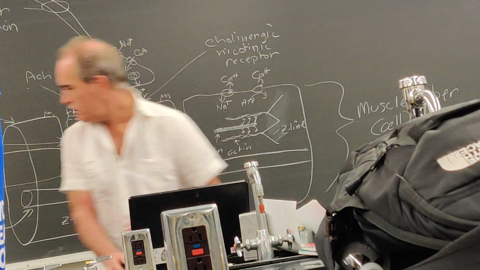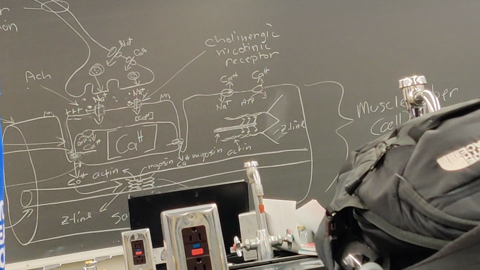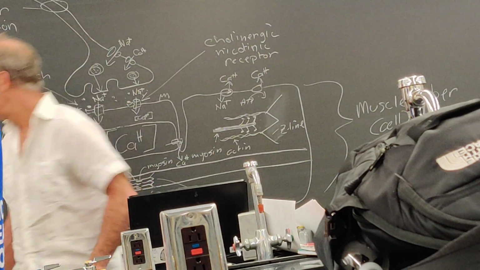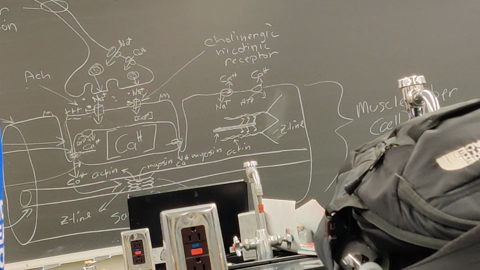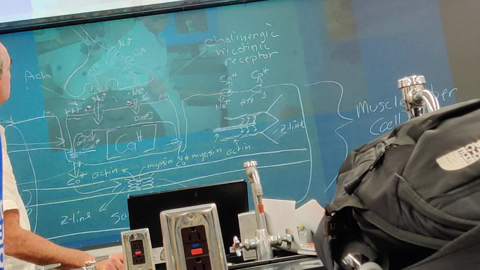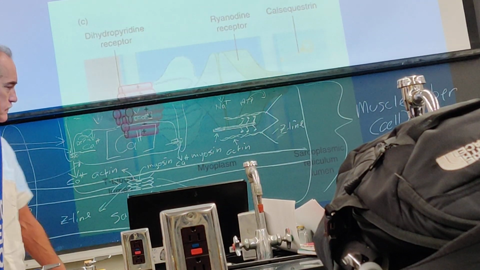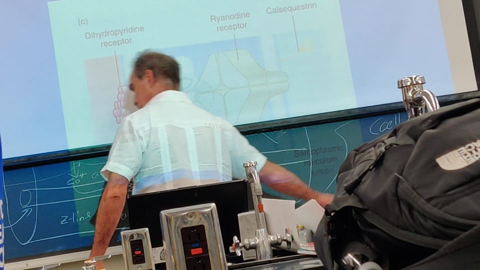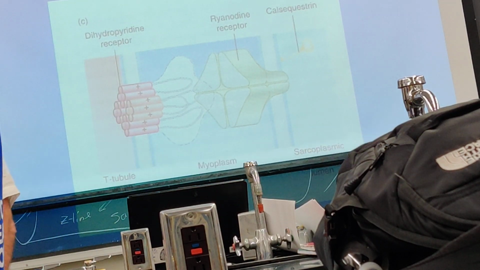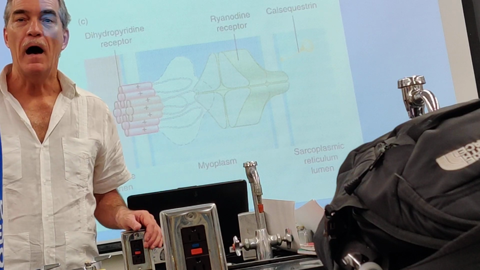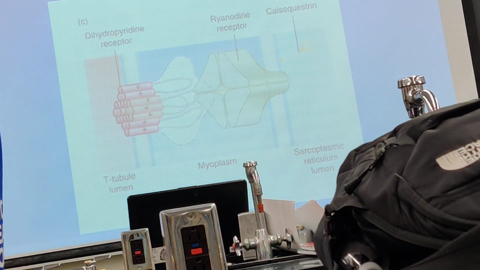Okay, there you are. So let's see how you spell dihydropyridine. Excuse me, Professor. Yeah. How does the calcium get into the calcium sac, the sarcoplasmic reticulum? Well, I'll show you. It's actually loaded full of calcium ATPases.